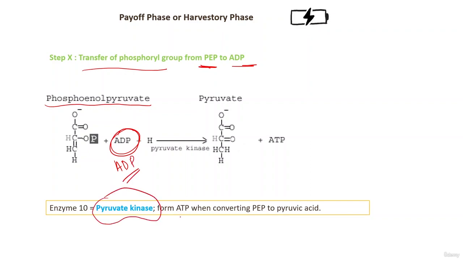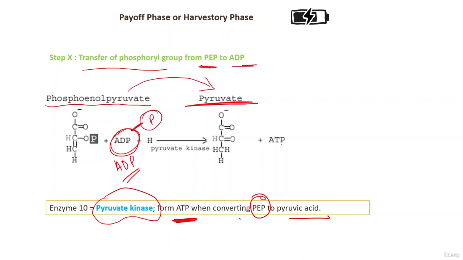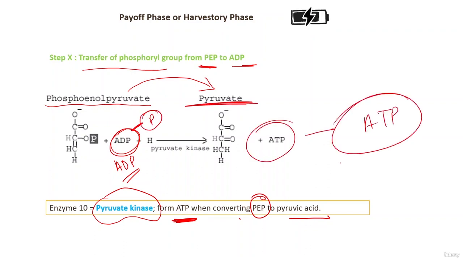Pyruvate kinase forms ATP when converting PEP to pyruvic acid. When phosphoenolpyruvate is converted to pyruvate, ADP gets the phosphate and is transformed into ATP. So here again we are getting 2 ATPs.